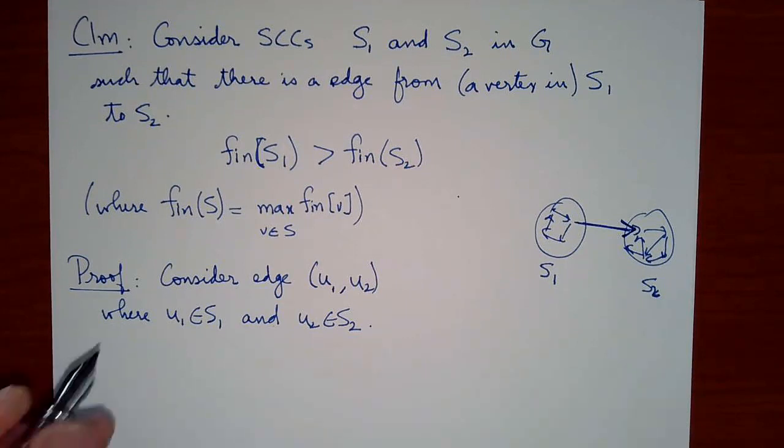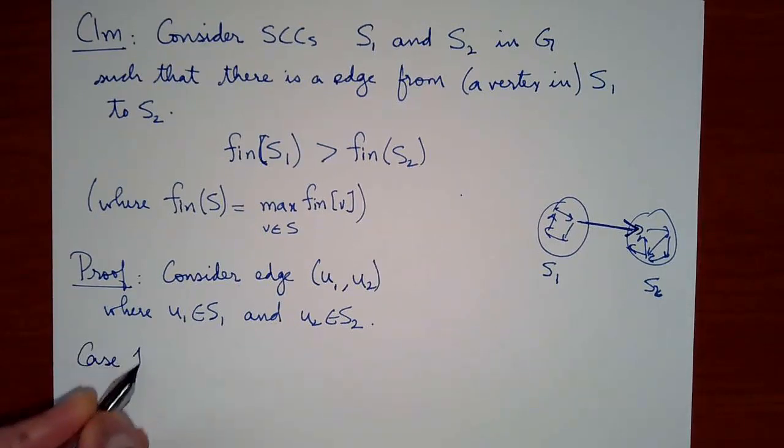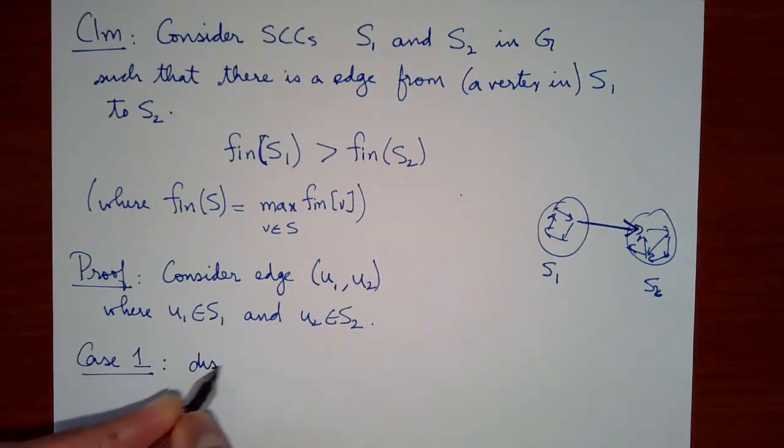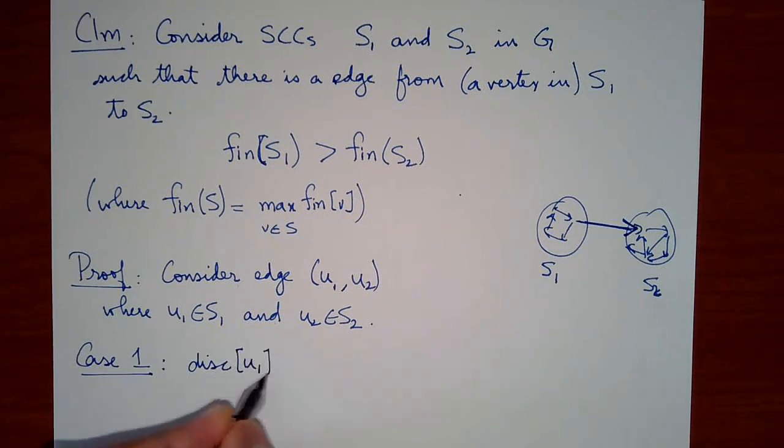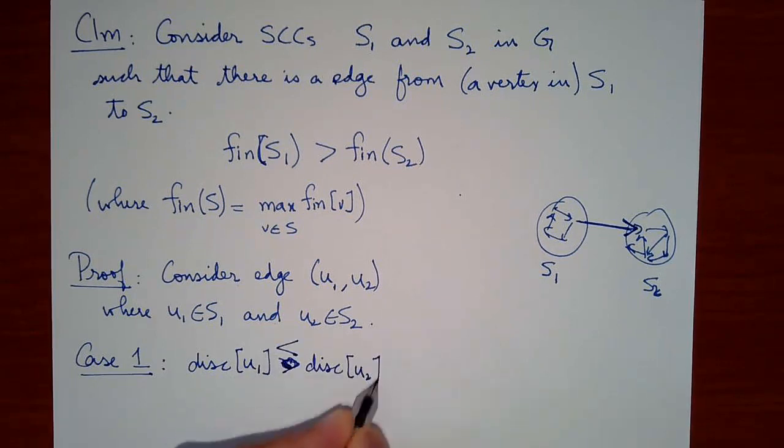And so let's break up into two cases. So I'll say case 1 is the discovery time of U1 is less than the discovery time of U2.